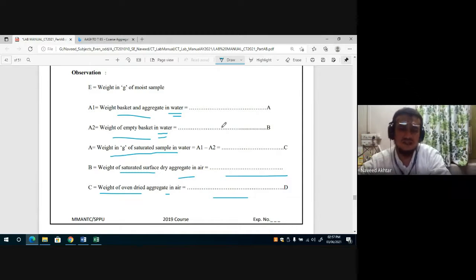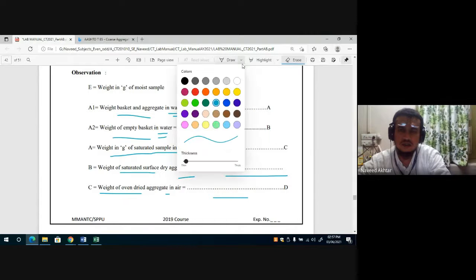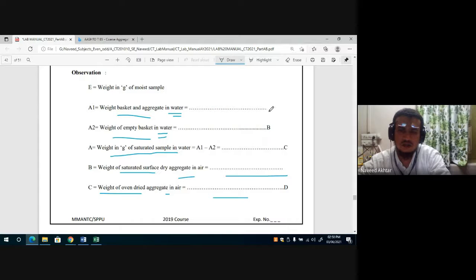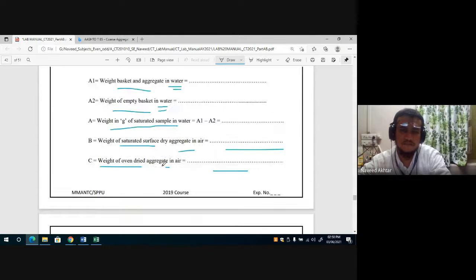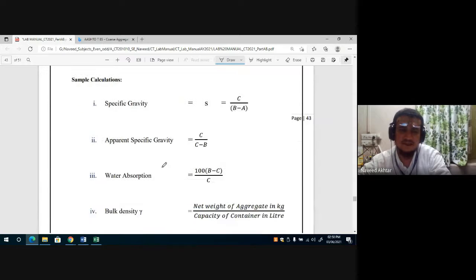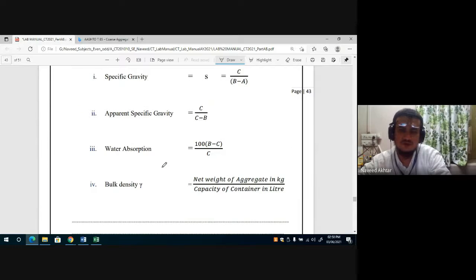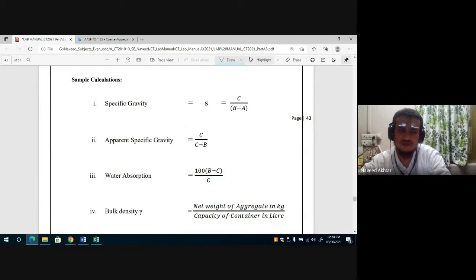So likewise, you can find out the particle size. Then using this formula, that is A, B, and C, you can find out the specific gravity of the aggregate.